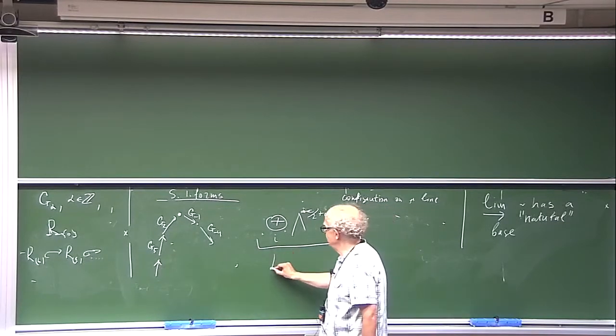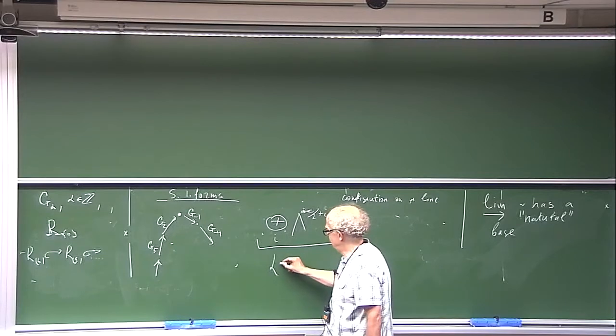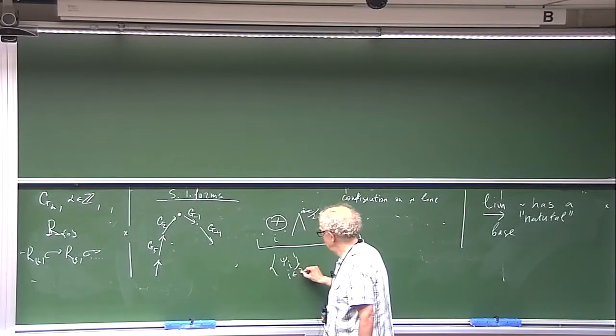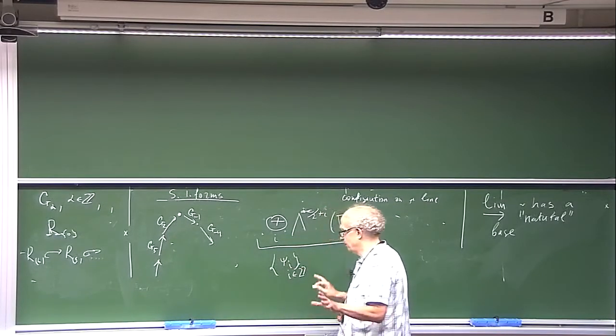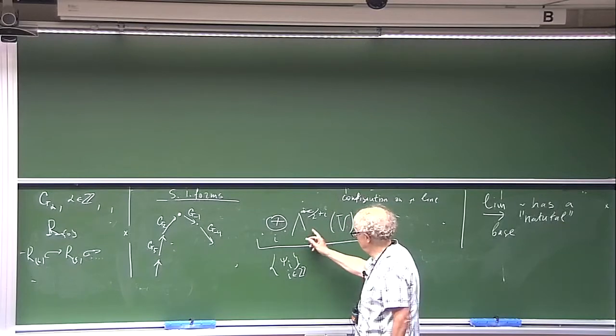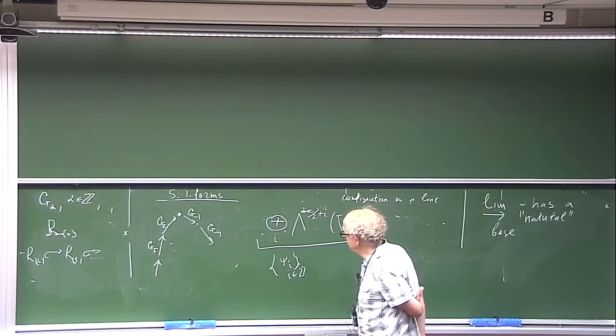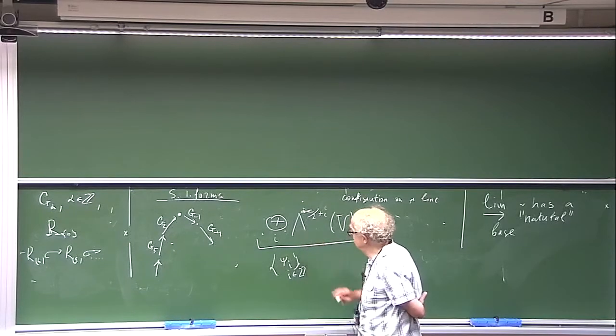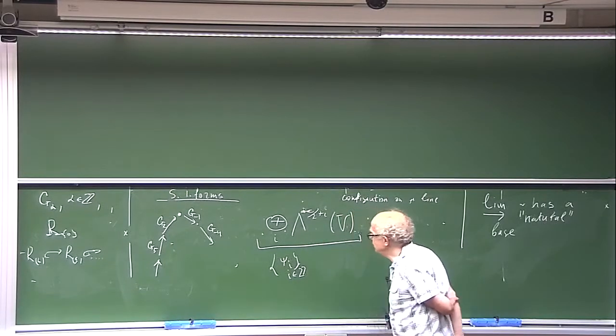So I start with a vector space with basis psi I. Then I suppose I belongs to Z. And then I make up some construction and so get this. But this construction gives us semi-infinite form.